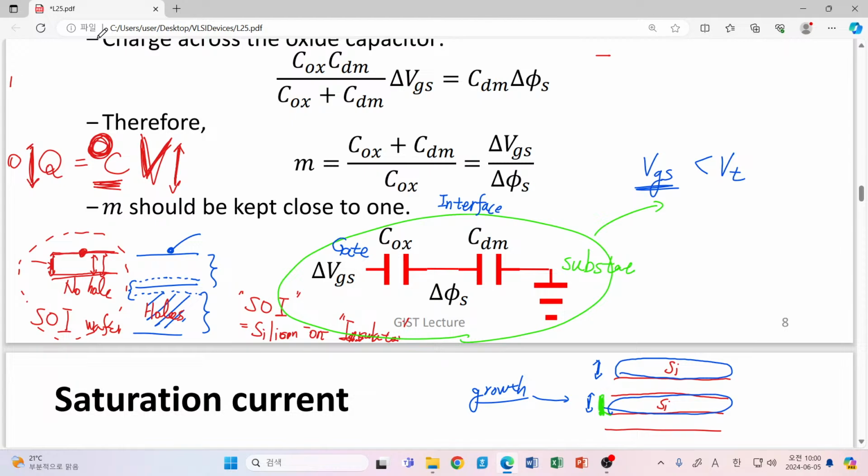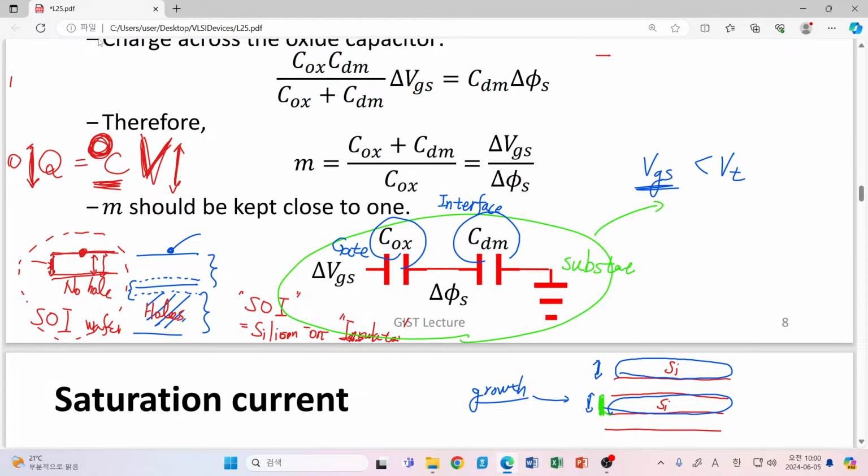In this case, we have oxide capacitance and depletion capacitance. Why are they connected in series? That is quite obvious. Starting from its physical structure, starting from the gate, we have to cross our oxide layer, then arrive at the interface, and from the interface to the deep substrate we have another depletion capacitance.